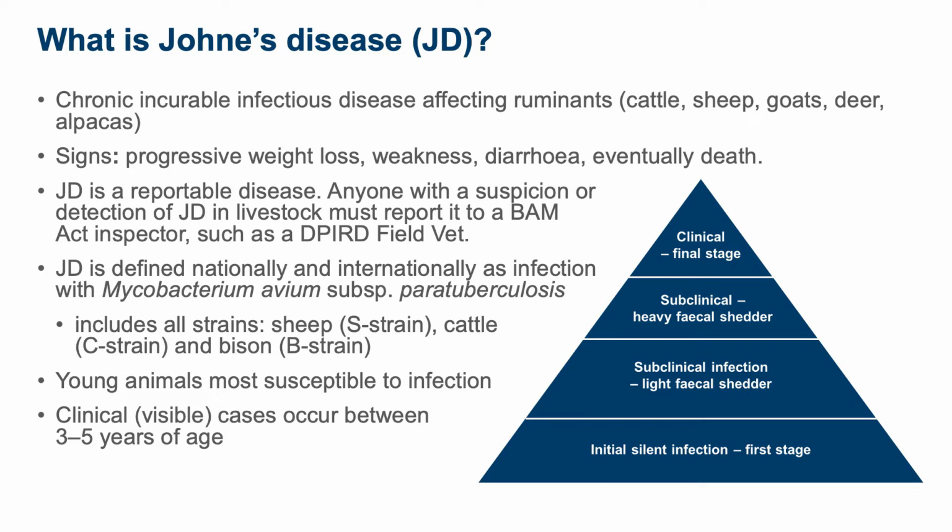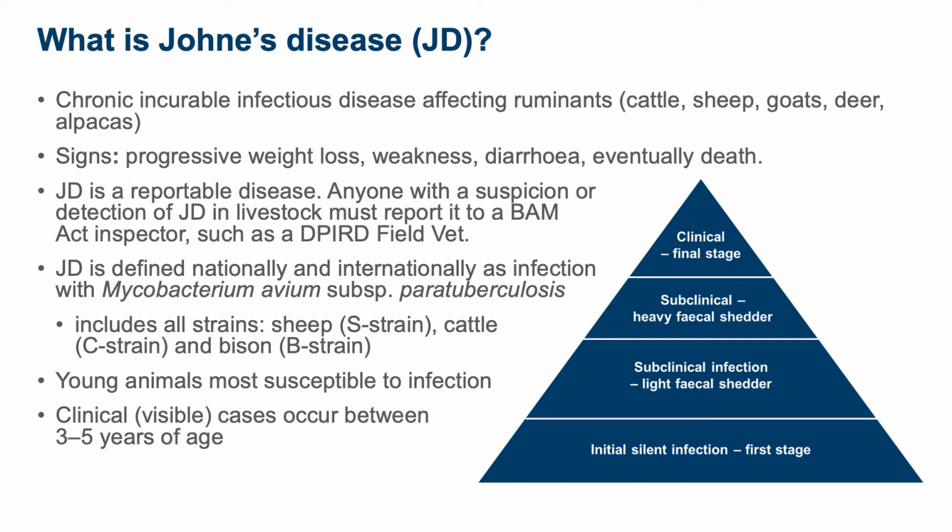The tricky part about JD is that typically livestock become infected when they're very young, usually less than 12 months of age. However, JD has a very long incubation period. This means that although cattle are infected when they're very young, it takes about 3 to 5 years before they start to shed the disease.